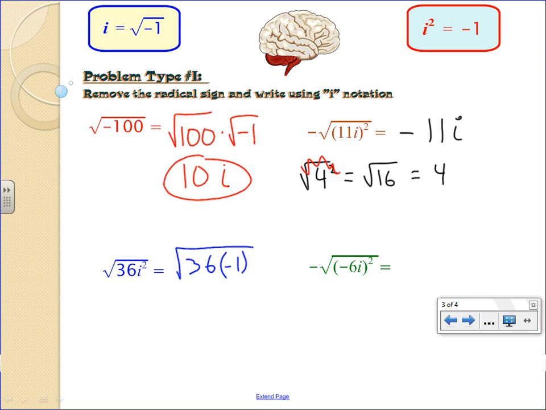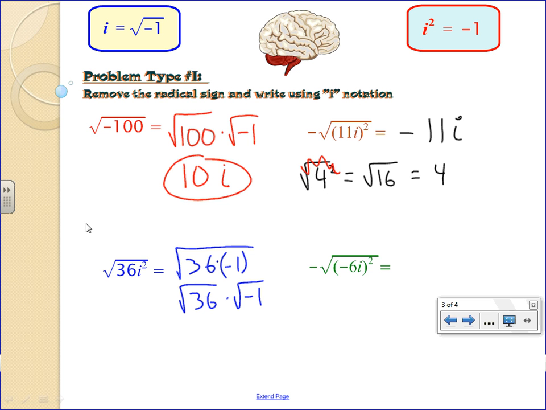And I can multiply those two things together, certainly. But realistically, I'm just going to split these up in a minute anyway. So right now, since I have a product here, I have 36 times negative 1, I'm going to split that up into two separate square roots. So I have the square root of 36 times the square root of negative 1. Okay, that's exactly what I had a second ago. I just broke it up into two separate square roots.